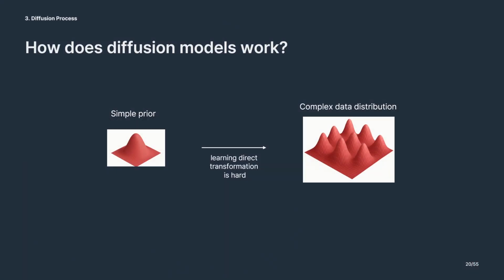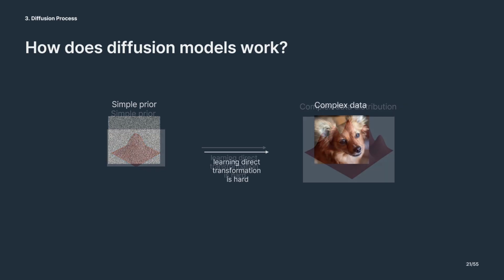As I have mentioned earlier, learning a direct transformation from a simple prior to a complex data distribution is quite difficult. The model struggles to map such a leap in one go. Then, let's assume our simple prior is just a bunch of noise. Now, trying to directly turn the noise into a high-quality image, that's incredibly hard.